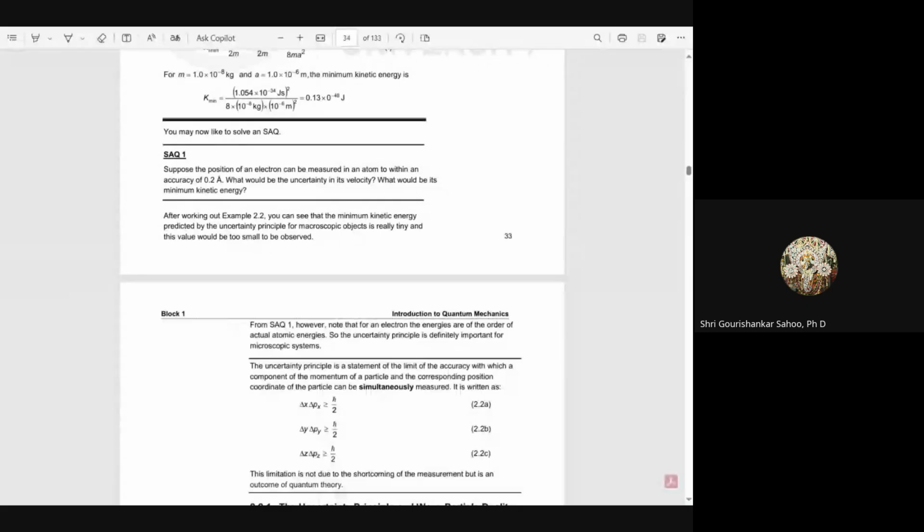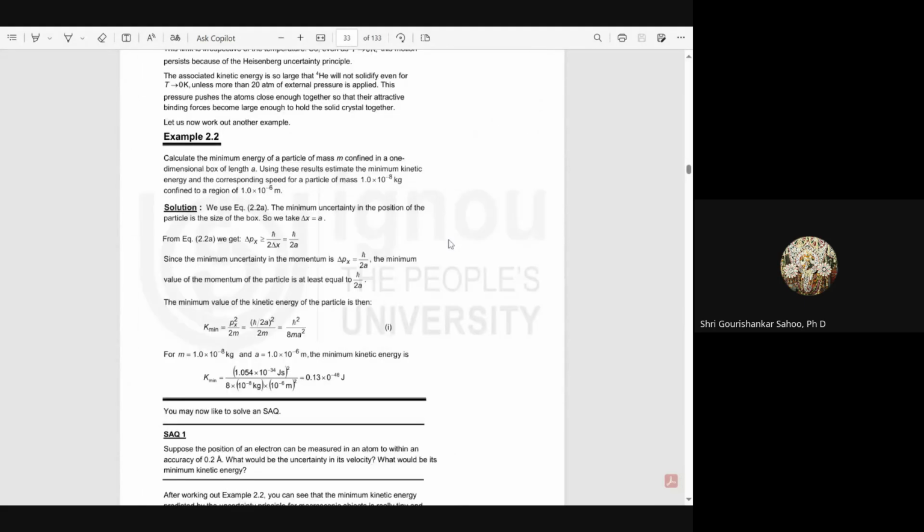Similarly, another is the uncertainty principle, which is an important concept put forth by Heisenberg. So, what is it in classical mechanics?